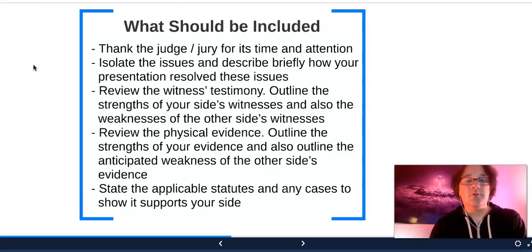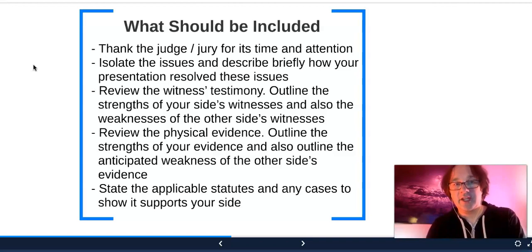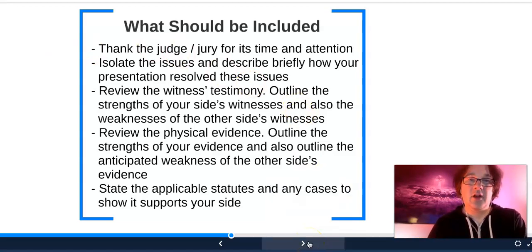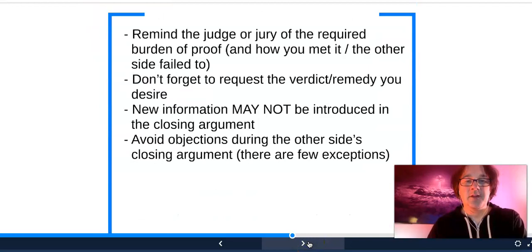You also want to review the physical evidence and outline the strengths of your evidence, and also outline the weaknesses of the other side's evidence. Also, you want to state the applicable statutes and any cases to show that it supports your side. That's not something you have to worry about for this class. We're not going to be using case law in this mock trial.